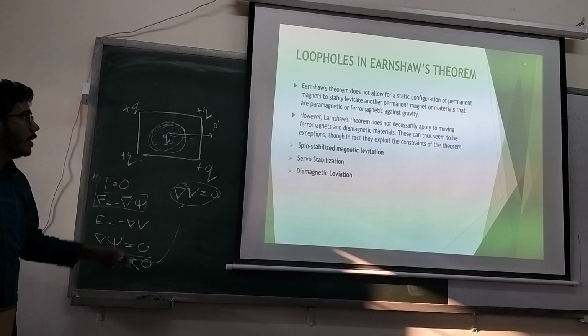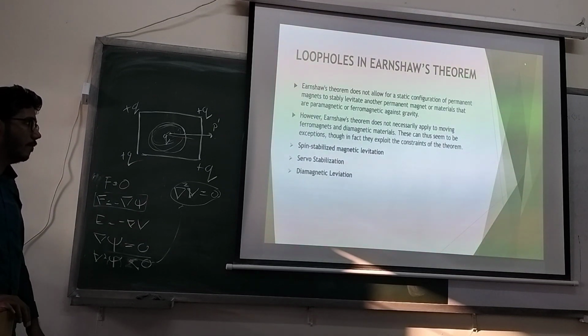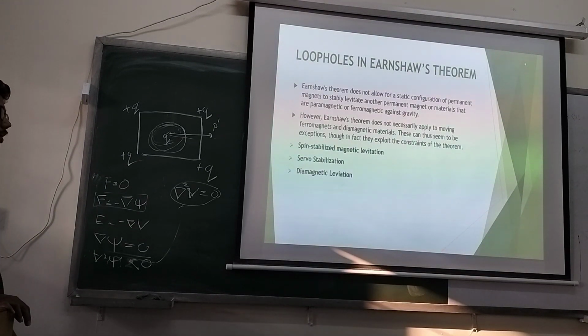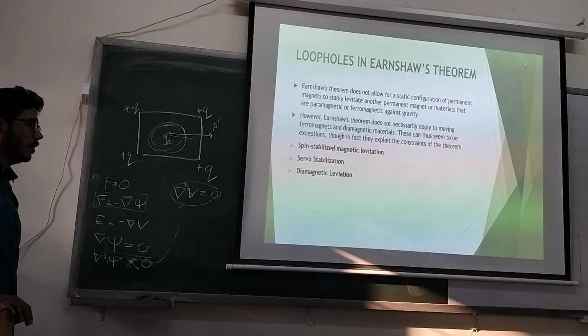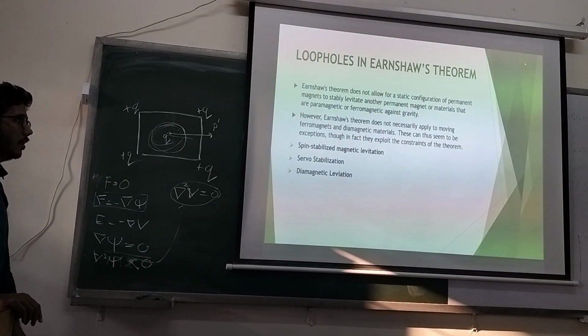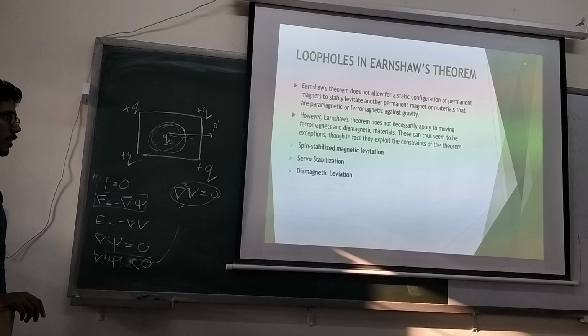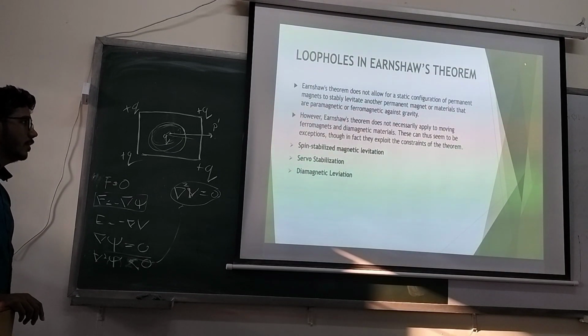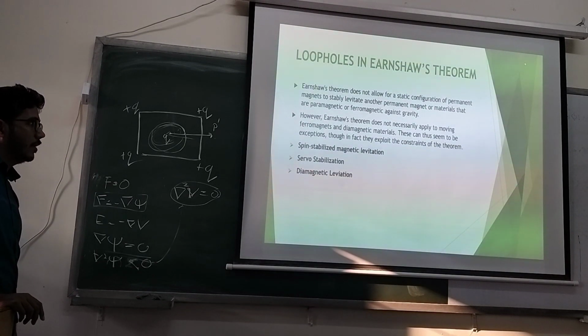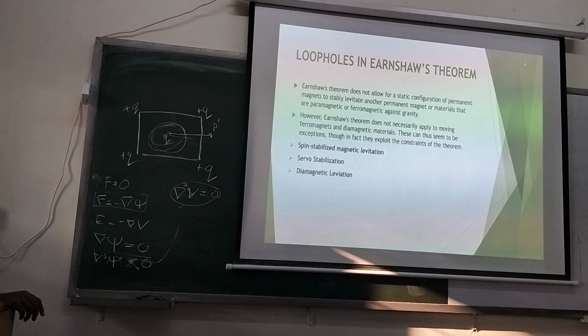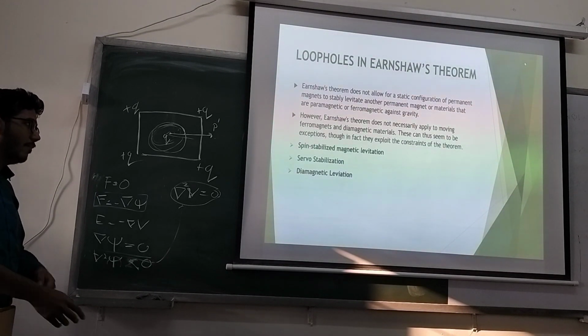These are the three cases where we are basically exploiting Earnshaw's theorem, because even in this case the magnetic field is dynamic. This is not static. So first is spin stabilized magnetic levitation. We have all seen certain objects called Levitron.